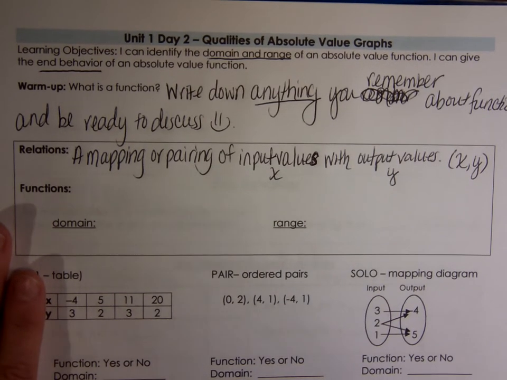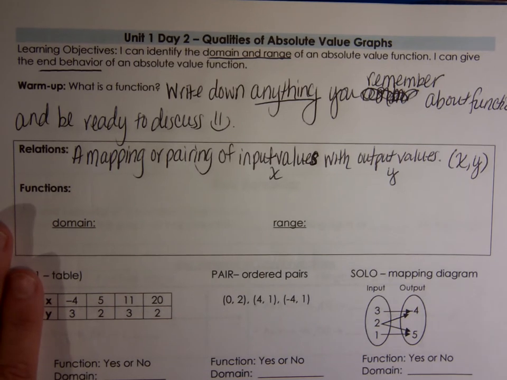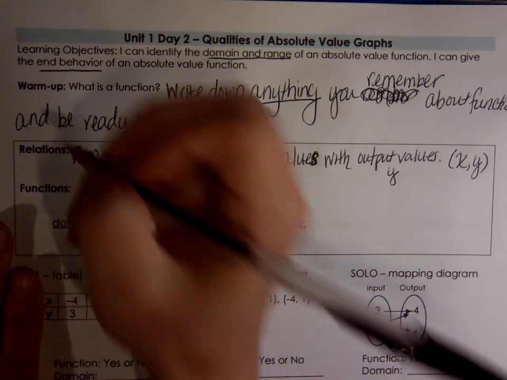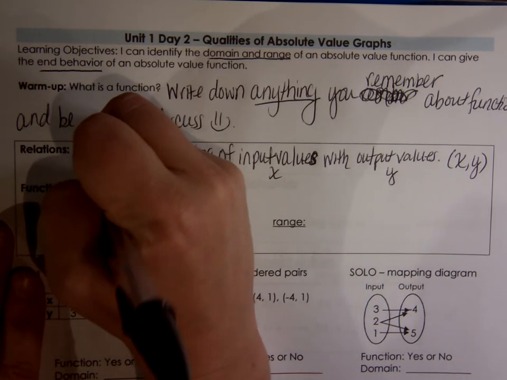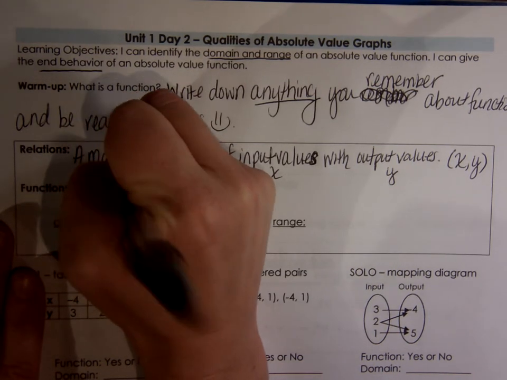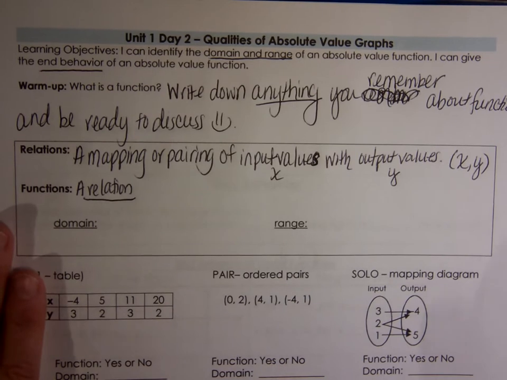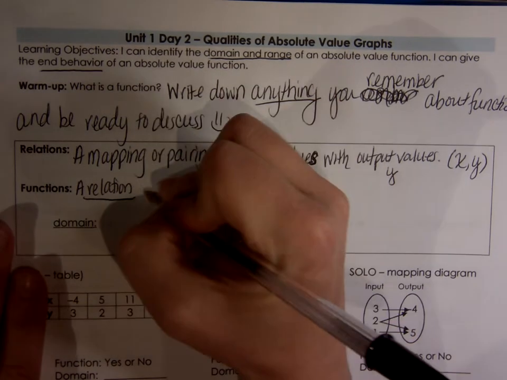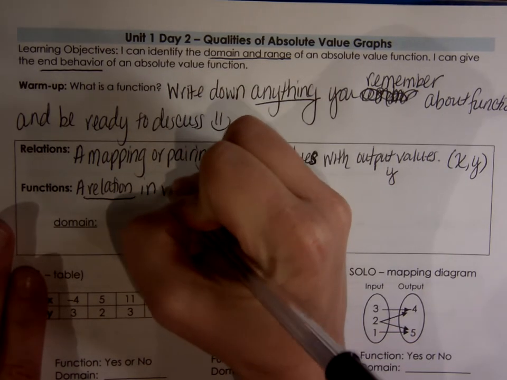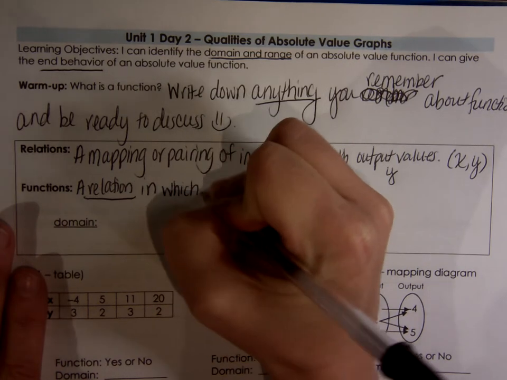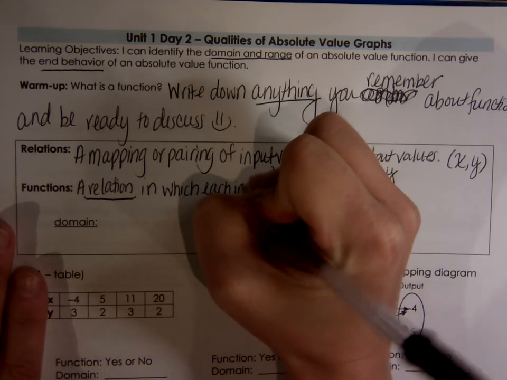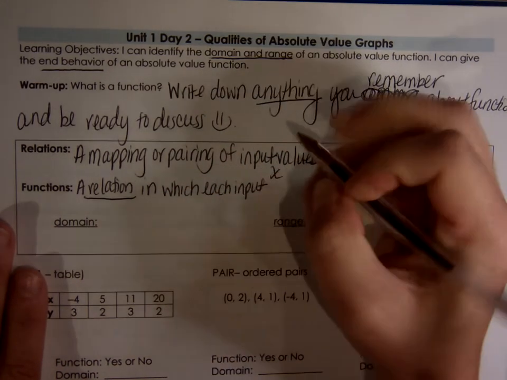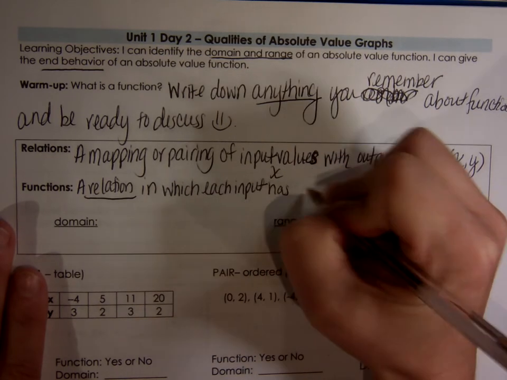Now, very special and specific relations are what we call functions. And a function is a relation, or a mapping or a pairing of a set of ordered pairs, in which each input has exactly one output.